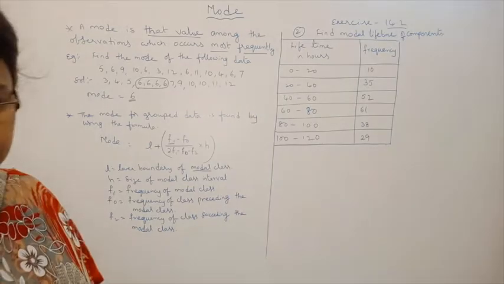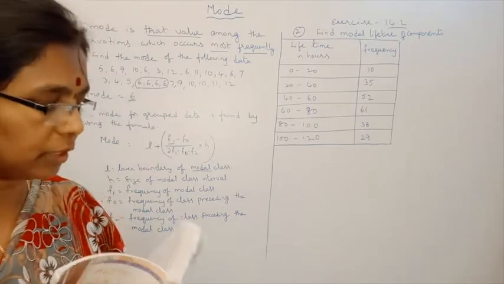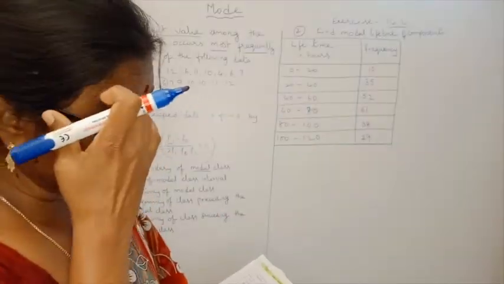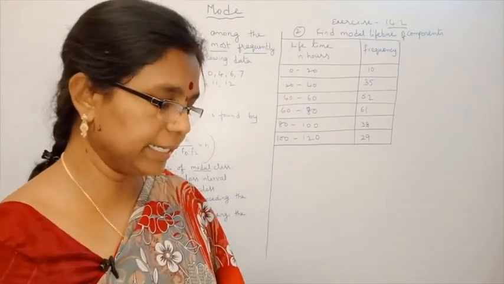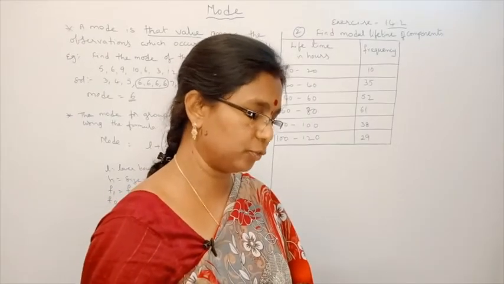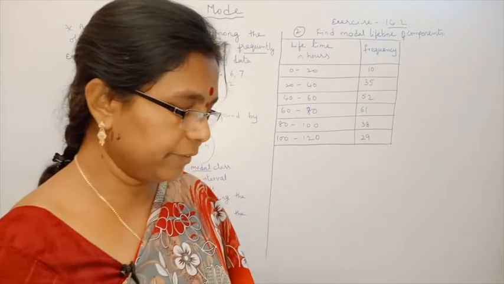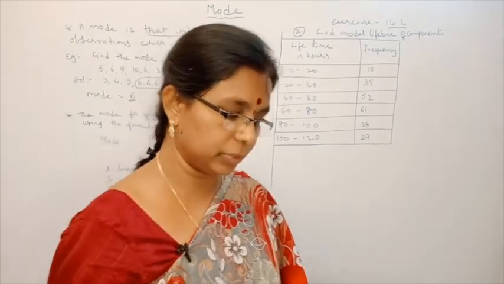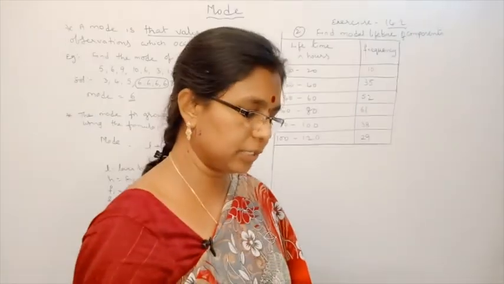Now an example, exercise 14.2, find the mode. Second question: the following data gives the information on the observed lifetimes in hours of 225 electrical components. Lifetimes in hours: 0 to 20, 20 to 40, 40 to 60, 60 to 80, 80 to 100, 100 to 120.